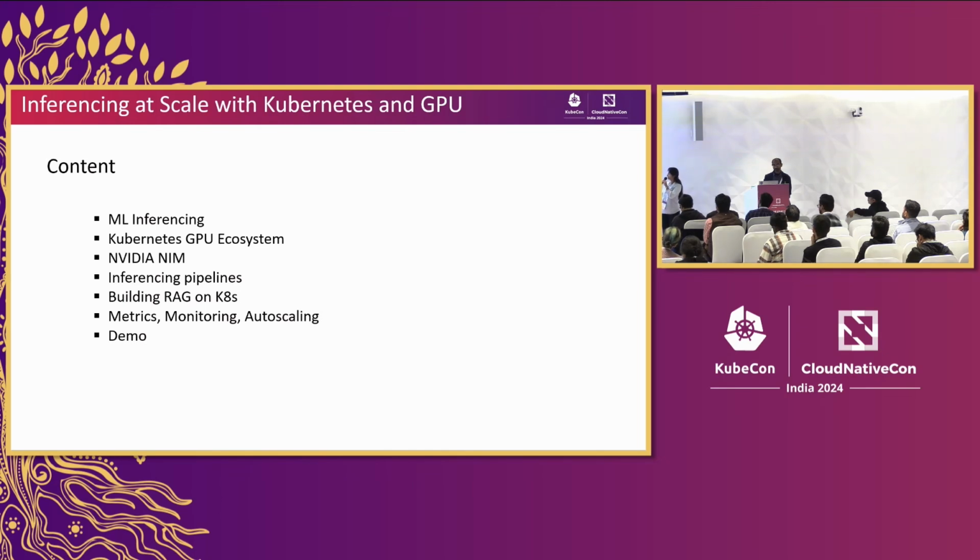We'll talk about the pipeline. It's not just one inferencing engine that will help you achieve any complex business use case. We'll have to deploy a set of inferencing services to achieve what we want to do. So how do we pipeline that? How do we deploy them together and make it work? And building a RAG.